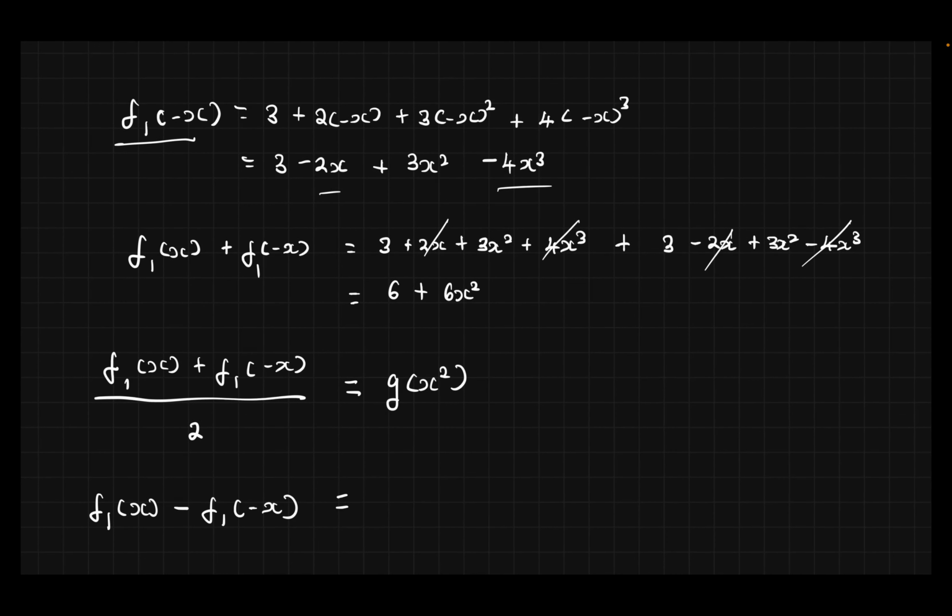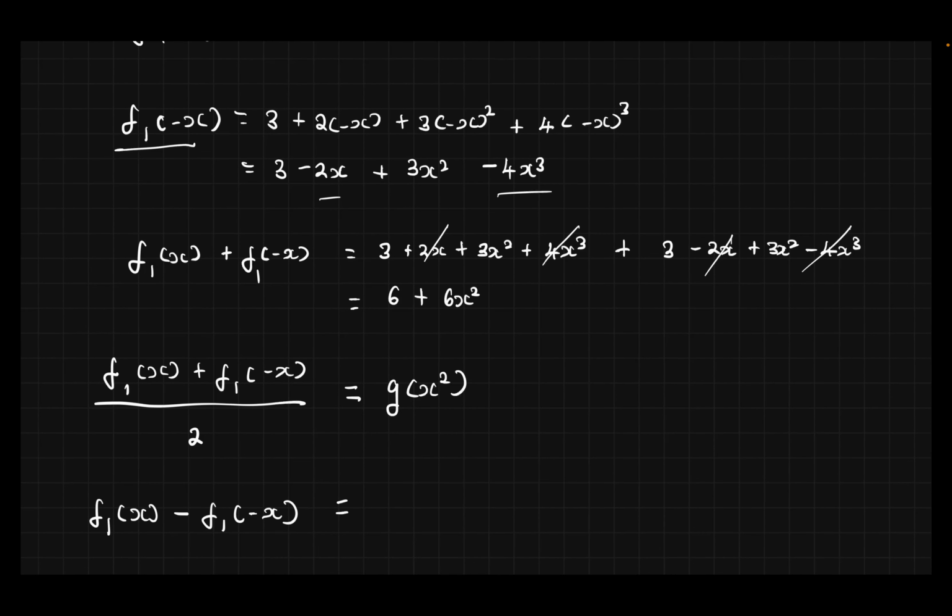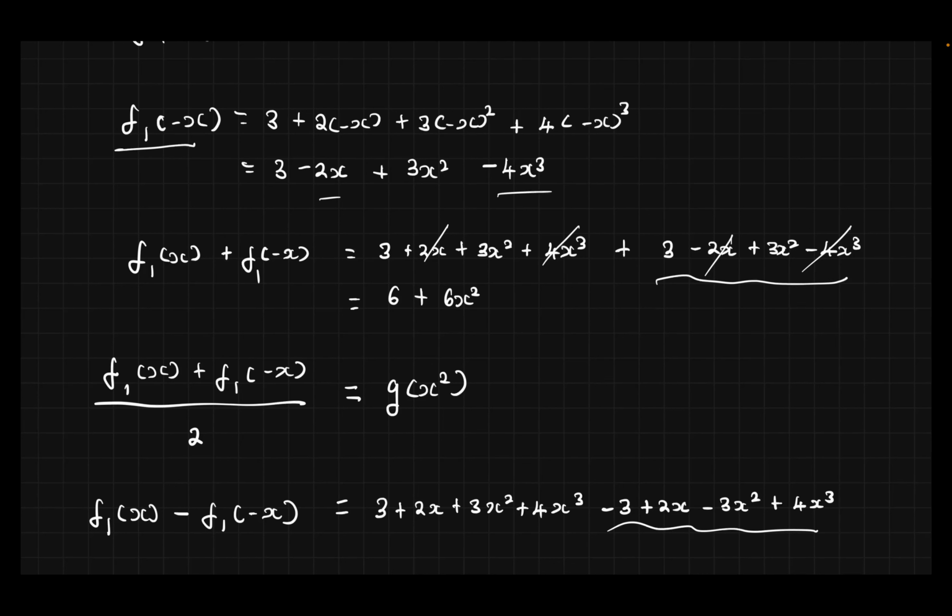Okay, so what's f1 of x? That's 3 plus 2x plus 3x squared plus 4x cubed. Then what is minus f1 of minus x? Minus 3 minus 2x minus 3x squared plus 4x cubed. So you can say that this one and this one are just flipped, like the signs are just flipped.